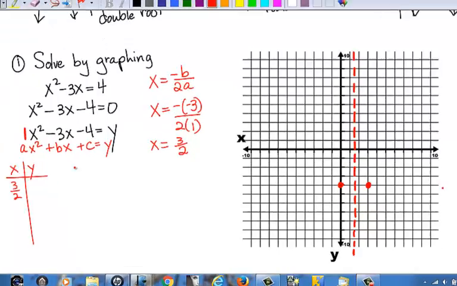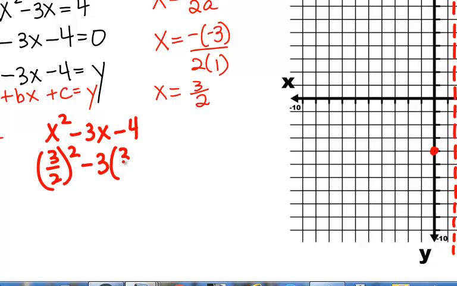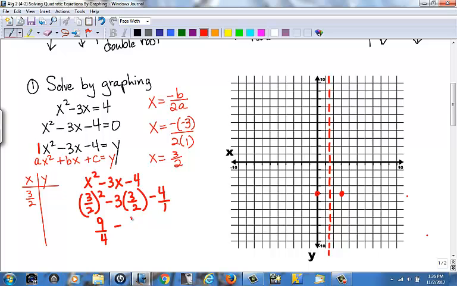So sub that in to your x squared minus 3x minus 4. Sub in the 3 halves. Right, so that'd be 9/4 minus 9 halves minus 4 over 1. Check my arithmetic.